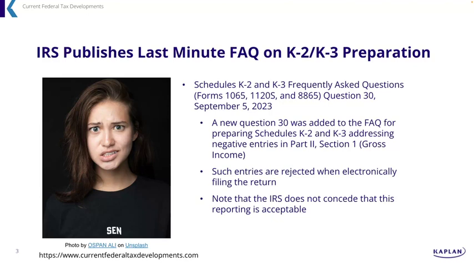But I will note, as we show you on the slide here, the IRS has not conceded anything in this particular release. While they're going to give us instructions on how to deal with that situation, assuming you have it and you believe it is correct, they do make it very clear they're not conceding that this is the proper reporting, or that this reporting is allowed, or that it would be legal to consider a negative number in computing gross income for purposes of the foreign tax credit.